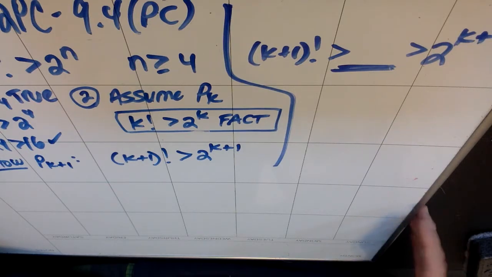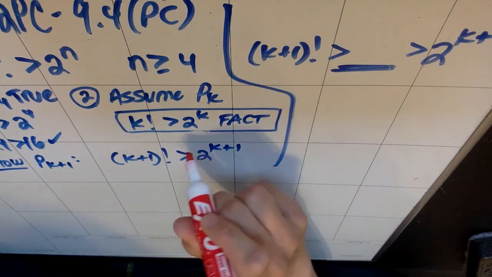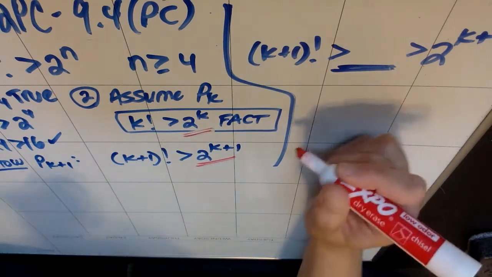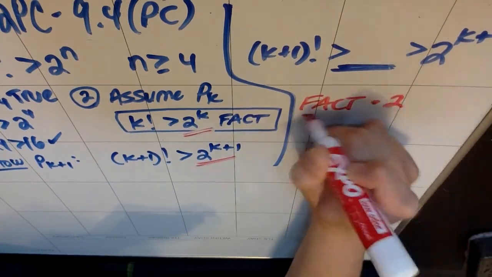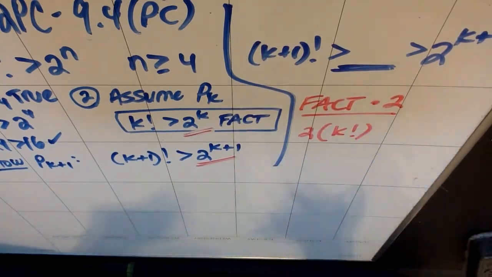I'm going to pick that I multiply both sides by 2. So I'm going to try and make this side look like this end of the expression. I'm going to take that fact and multiply it by 2. So I'm going to get 2 times k factorial. That's not a 2k factorial, it's different.